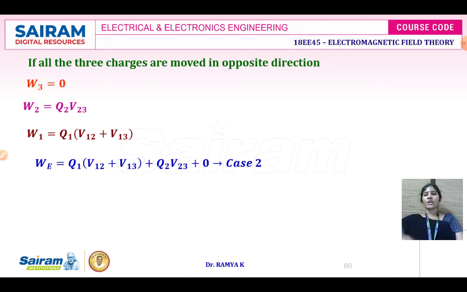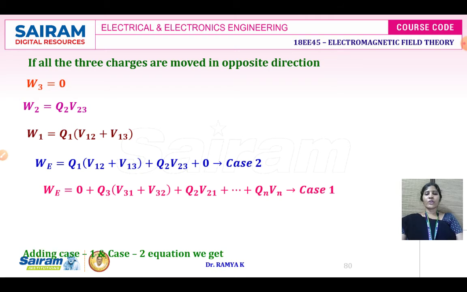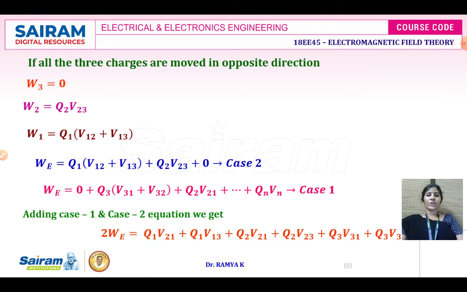Now, two cases we have seen. One is moving a charge from infinity to the point under consideration inside the universe. Second one is moving a charge from the universe to infinity. When you add case 1 and case 2, you get the equation 2WE equal to Q1 V21 plus Q1 V13 plus Q2 V21 plus Q2 V23 plus Q3 V31 plus Q3 V32.